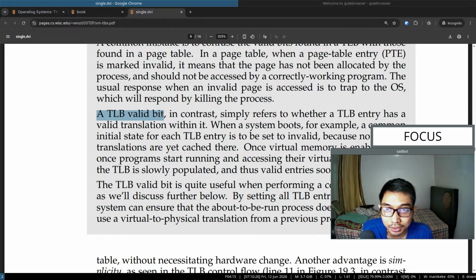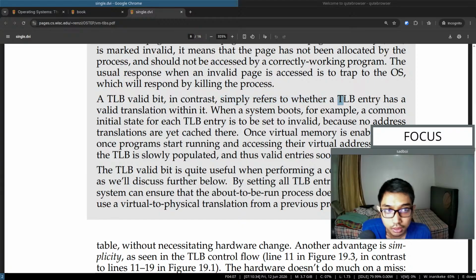A translation lookaside buffer valid bit, in contrast, simply refers to whether a translation lookaside buffer entry has a valid translation within it. Oh, okay. A valid translation within it.